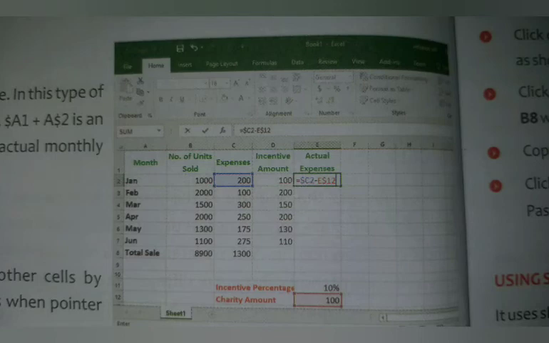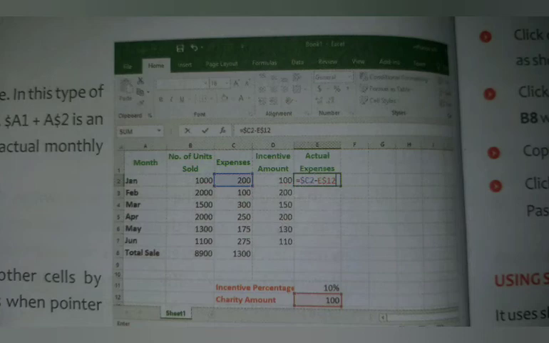So E12 remains the same. Then what will be the formula? C2 minus E12. The cell address E12 we can use as absolute reference because the 100 is not changing for all formulas.